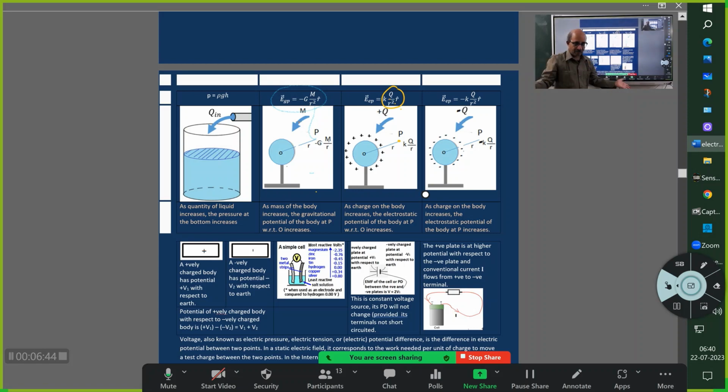Now, if you place a small charge q here, then this charge will experience force. How much force? This quantity into q. That much force it will experience. Is that clear? Yes, sir.